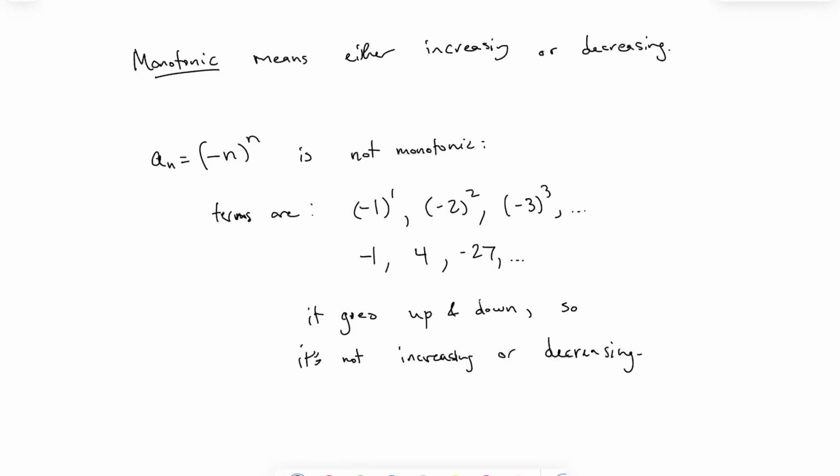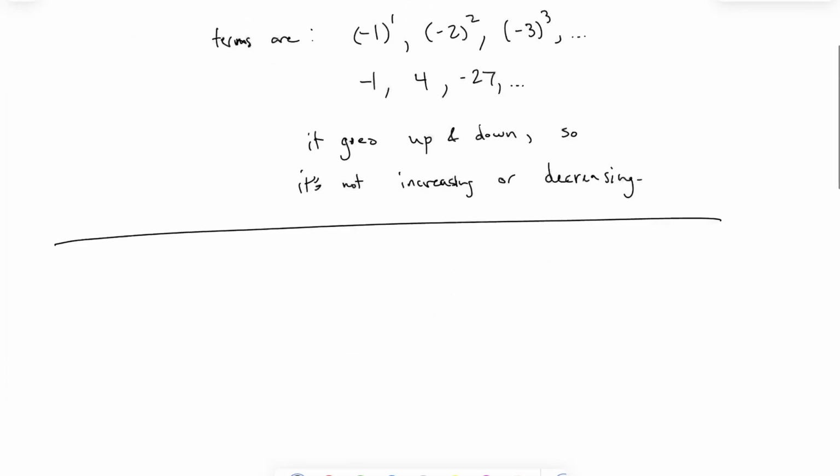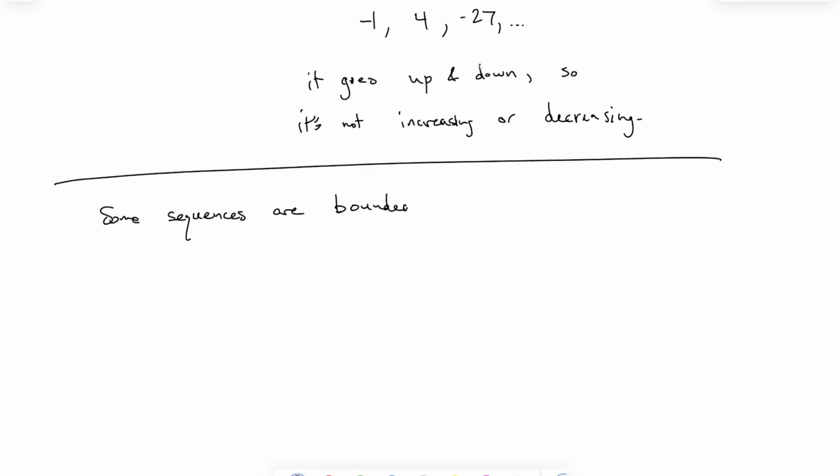One other property that sequences can have or not is that some sequences are bounded. And this probably means what you think it means. Bounded means it doesn't get super big. It has a certain limit as far as how big the terms can be.